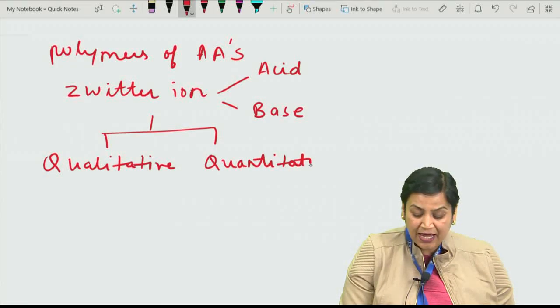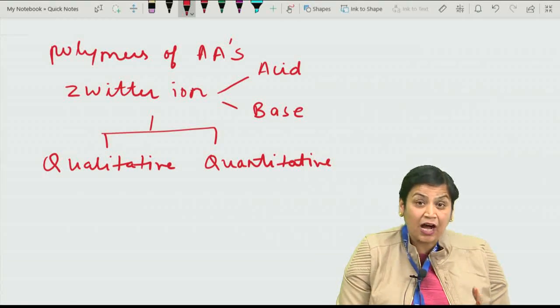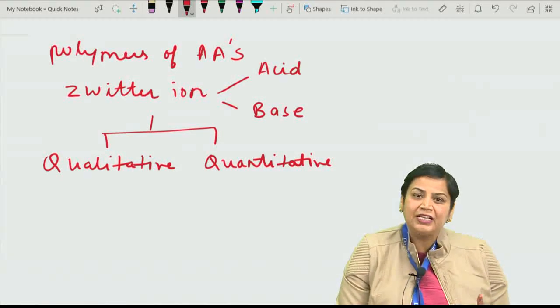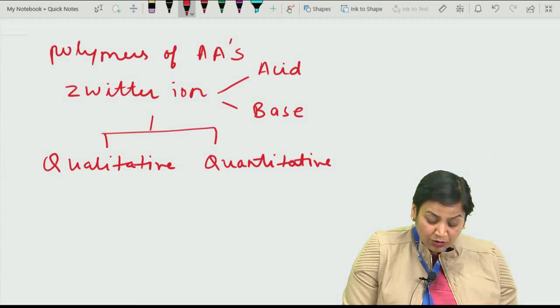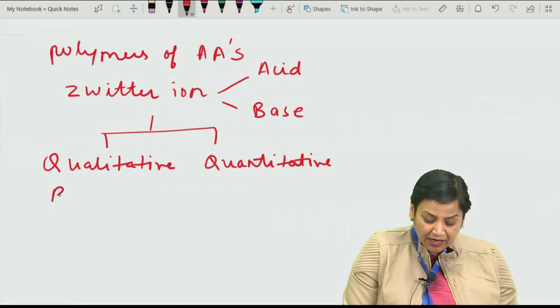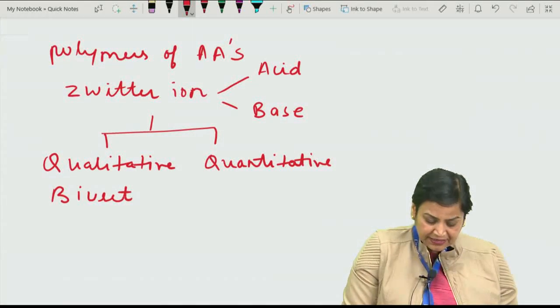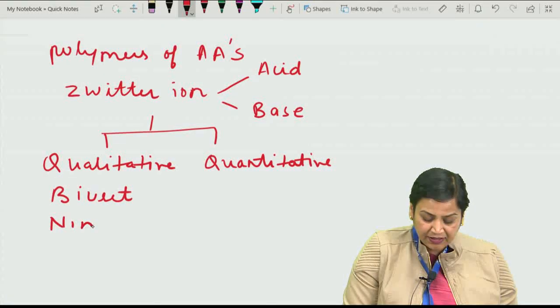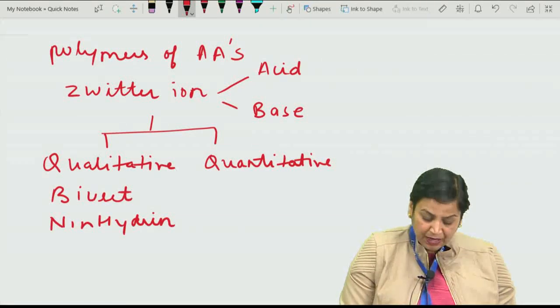Quantitative means, as is clear from the word quantity, we are checking how much amount of protein is present in that. Now in qualitative there are two confirmatory tests. One is biuret, which is a confirmatory test for every protein. Second is the ninhydrin test. Ninhydrin test is again a confirmatory test for every protein.